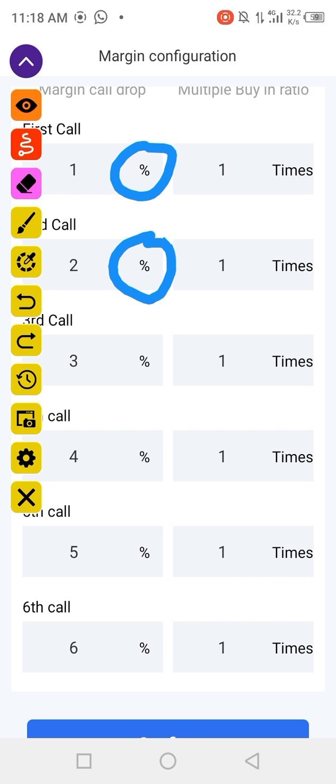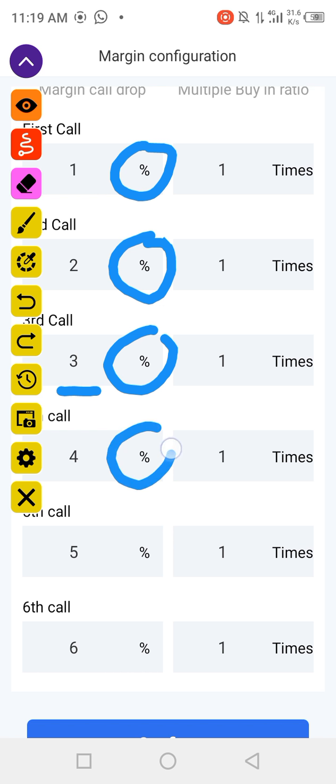From 2%, it will wait for the coin to drop 3% extra for it to call. From the third position, it will wait for another 4% drop for it to call. All right. So this particular setting is for coins that are dropping very fast.